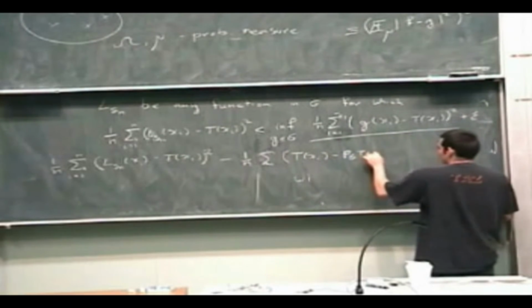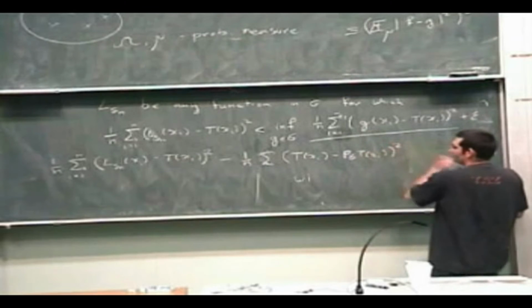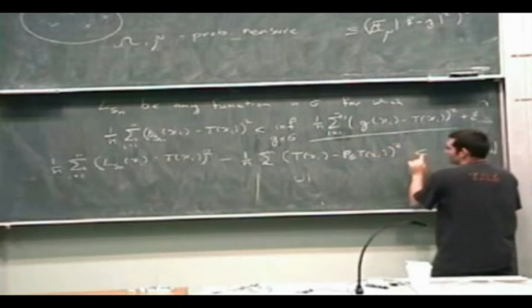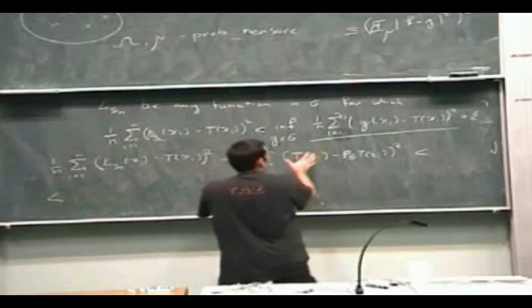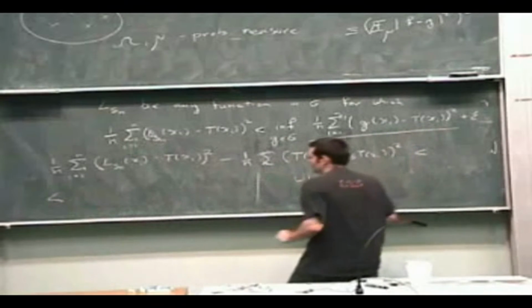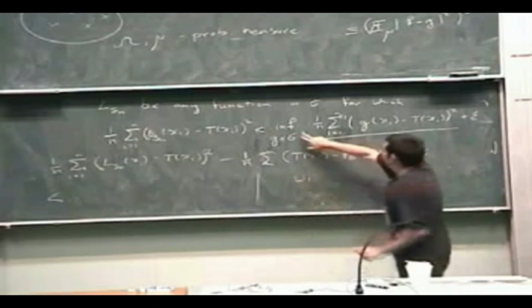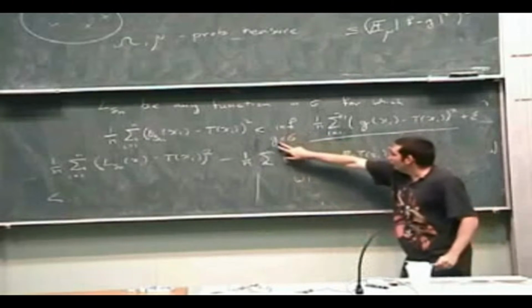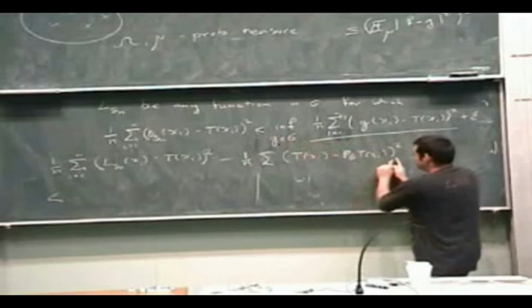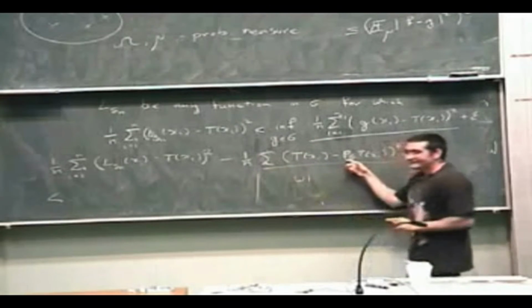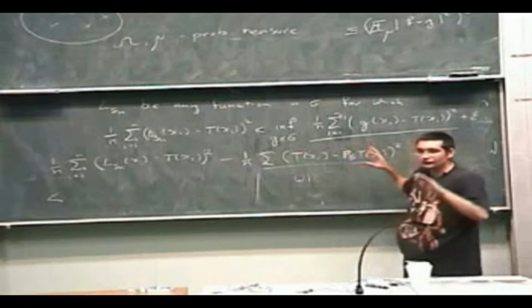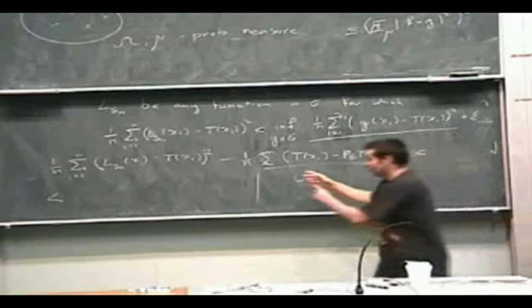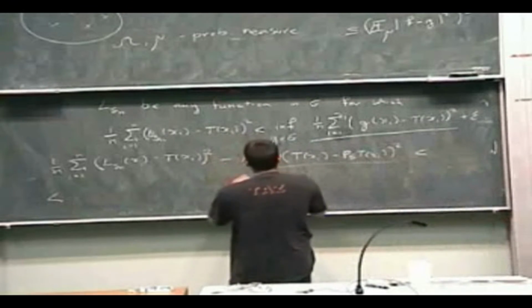It's a fixed term, which is true for every g in your class. So this is essentially the same as demanding that this is less or equal than the infimum over g in G of 1 over n sum of (g(xi) minus t(xi)) squared minus exactly the same thing, plus epsilon.